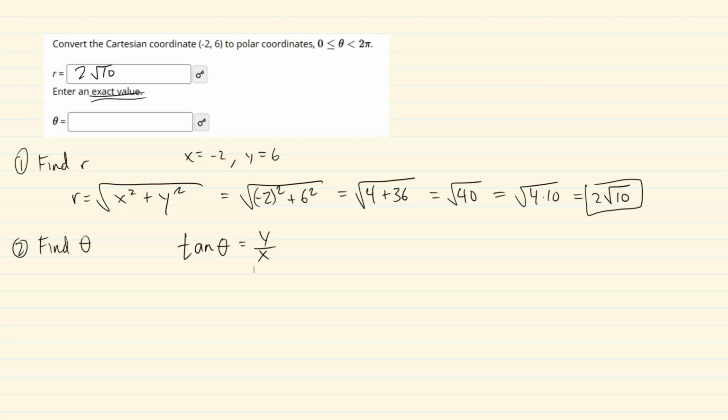So that would be equal to 6 over negative 2, which is negative 3.